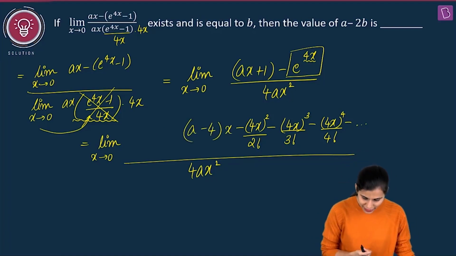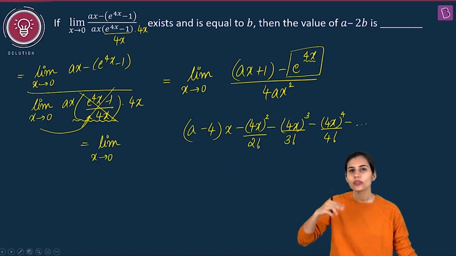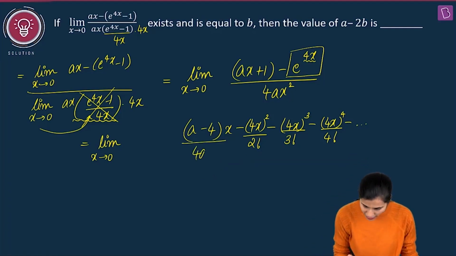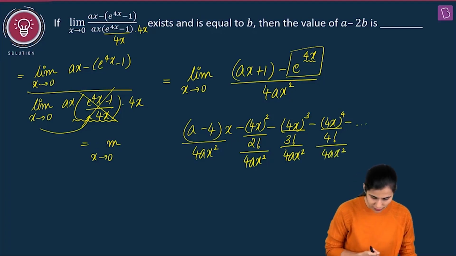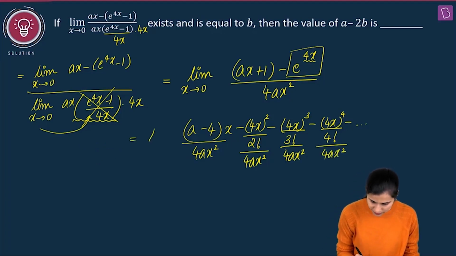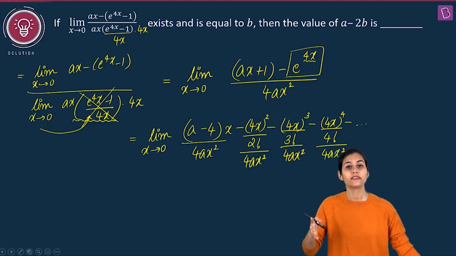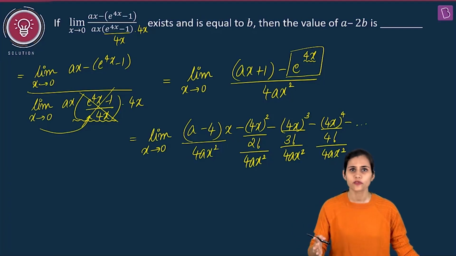Alright, and I can actually distribute my denominator below each of the terms. This upon 4ax square, this upon 4ax square, this upon 4ax square, and so on. Now you know, limit of the sum is sum of individual limits, limit of difference is difference of individual limits.